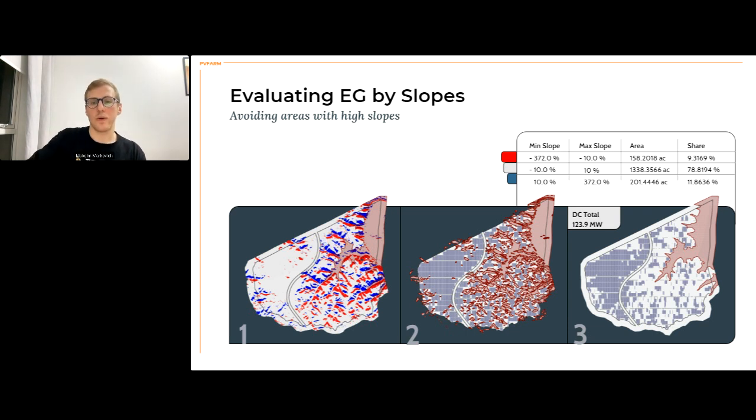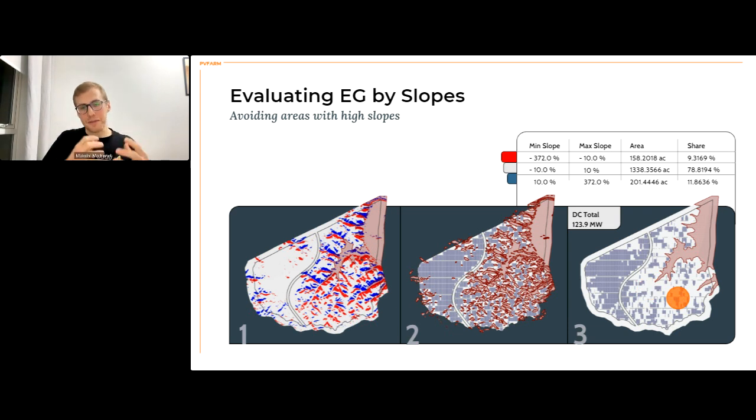Those slopes can be converted into helpful boundaries, and those boundaries can be made into exclusion areas, and then when making the layout, we just generate a layout avoiding those exclusion areas. So for this particular project, we got 123.9 megawatts DC. As you can see here, there are lots of gray spots where we didn't place any trackers.